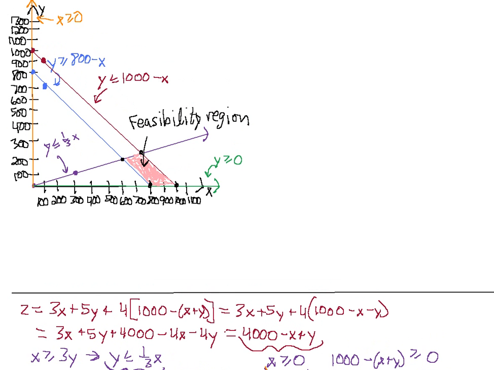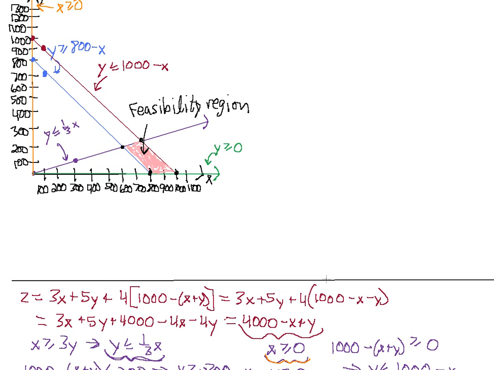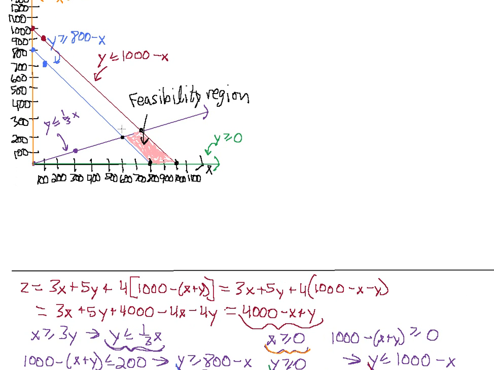So what we're going to do is we're going to use these 4 intersecting points, given these 5 constraints, and we're going to set the appropriate equations equal to each other, also called a system of equations, so we can solve for a given value. So we can get an x and y value for each one of these points.